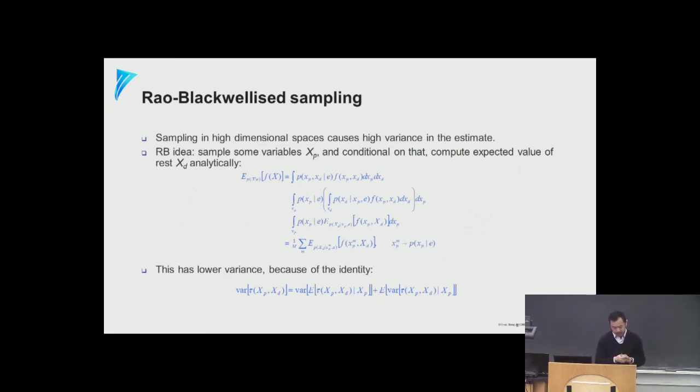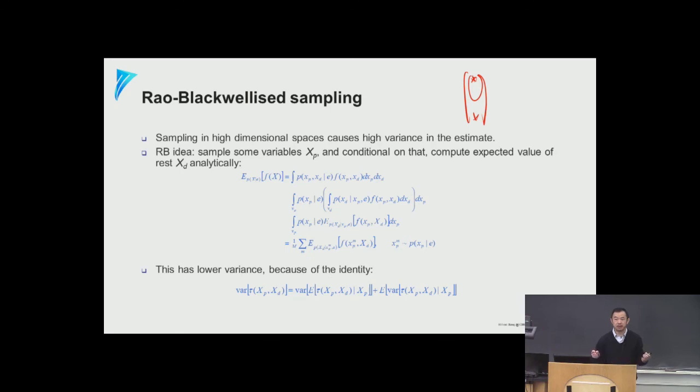There's a last technique called Rao-Blackwellization. It's pretty trivial. You can go home and read these slides, which explain the whole thing. Basically, if you have a long list of random variables to sample from, you can sample only a subset of them. If, given that subset, the rest of the random variables can be computed analytically, then that's fine. Say you have a joint of both a continuous Gaussian distribution and a discrete multinomial.